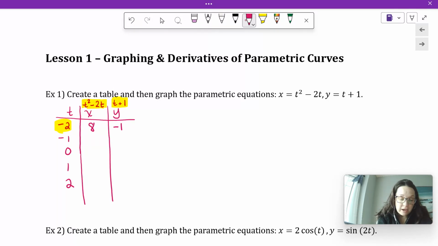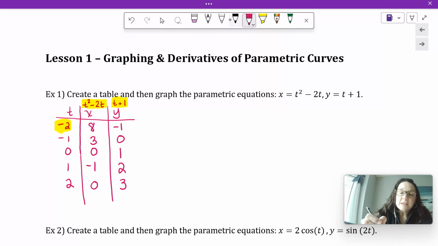So when t is negative 1, I have 1 plus 2, that's 3, and y is 0. When t is 0, I get 0 for x, 1 for y. When t is 1, I get 1 minus 2, that's negative 1, and 2 for y. When t is 2, I get 0 for x and 3 for y.